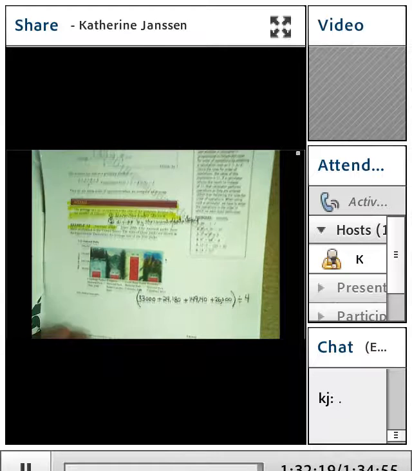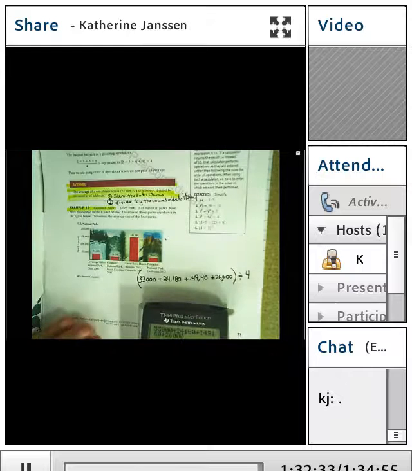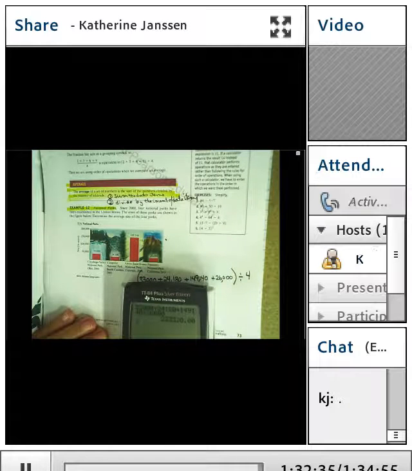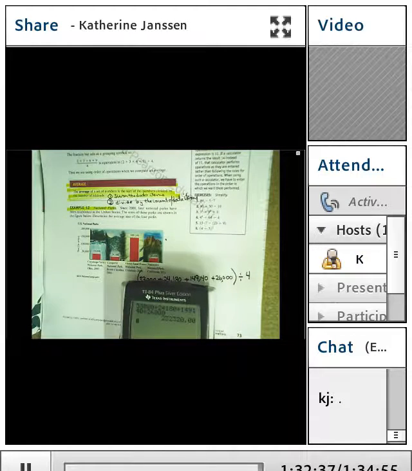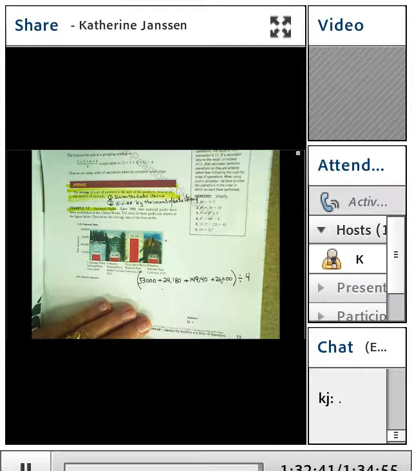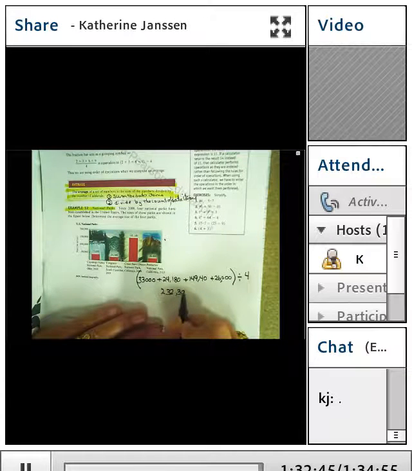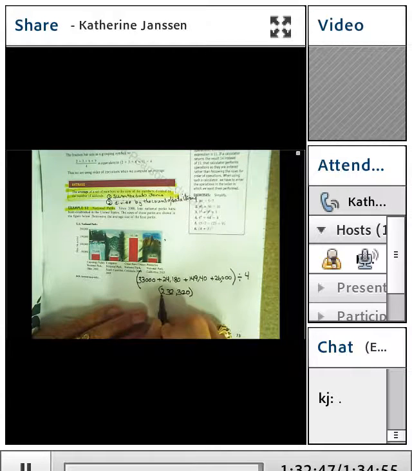So adding 33,000 plus 24,180 plus 149,140 plus 26,000 is equal to 232,320, divided by 4.